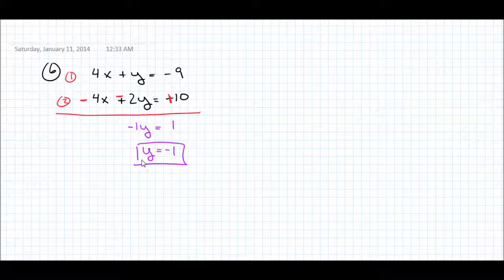Now we're going to plug that into an equation and we're going to solve for x. So we have equation number 1 says this: 4x plus y equals negative 9. So we're going to plug in our y value, which is negative 1. Now solve for x.